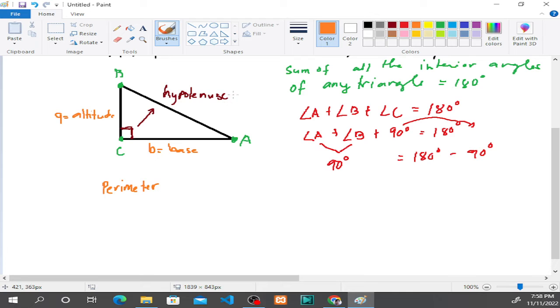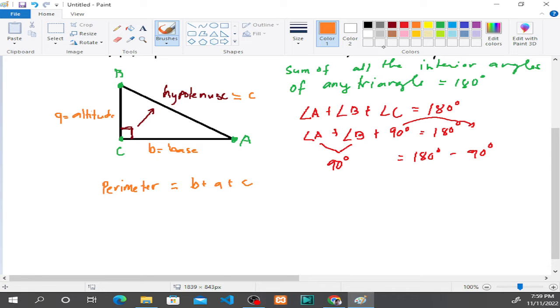Opposite angle C is the hypotenuse, which you can name C or sometimes H, H for hypotenuse. You just have to add the measurements of the base, the altitude, and the hypotenuse. Add the sides and you're going to get the perimeter.